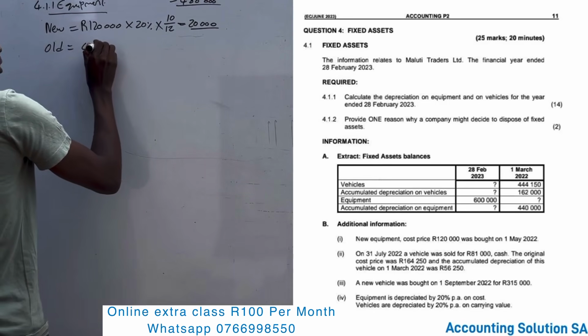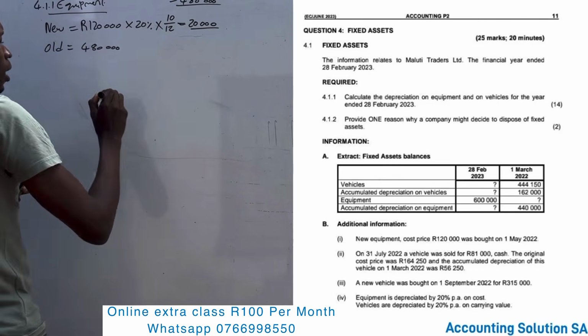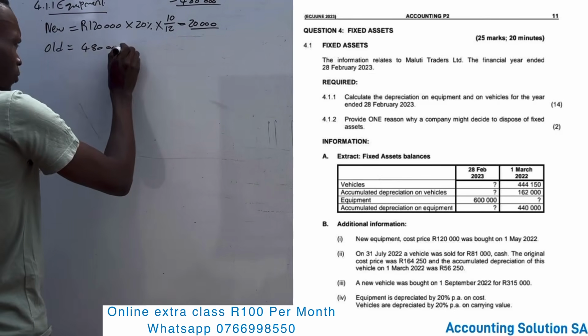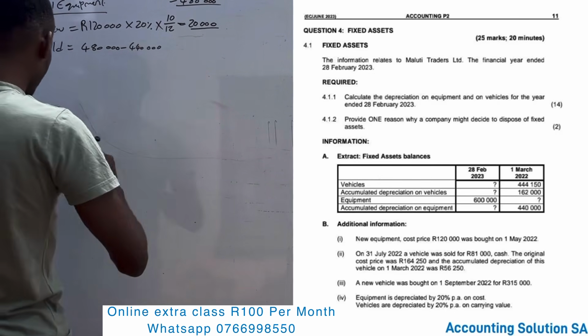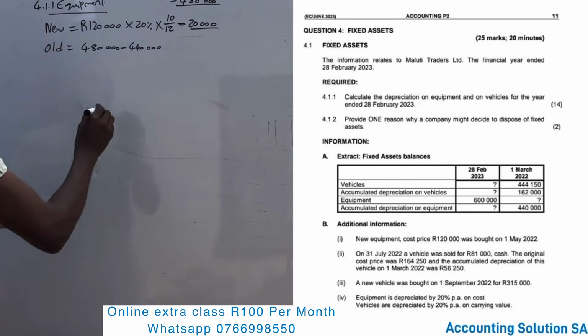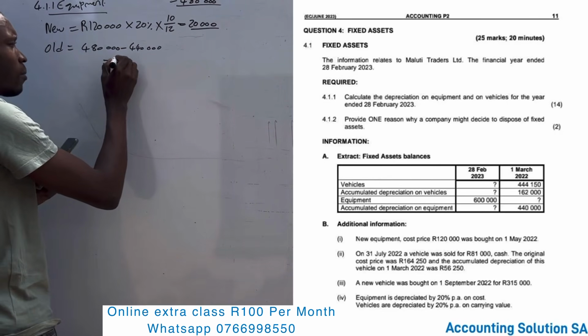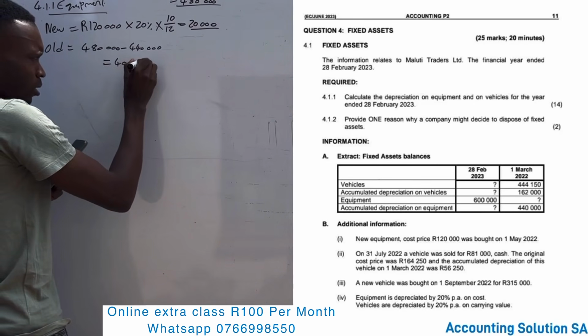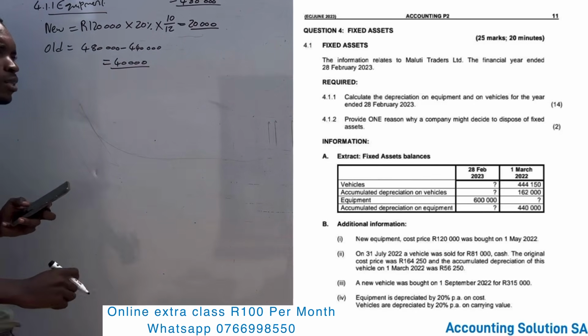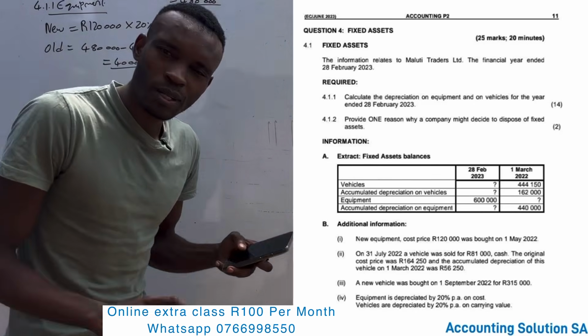We have 480 as our cost price, and our accumulated depreciation of 440,000. If you calculate these two, it's going to give you the carrying value of 40,000. From this carrying value at the beginning, we just subtract 1 rand.